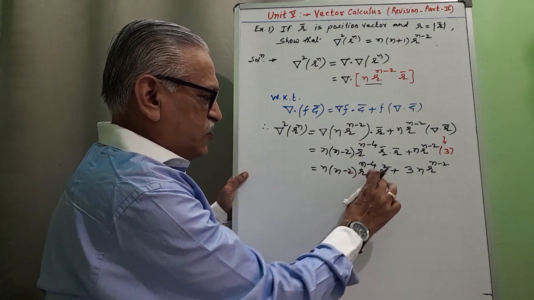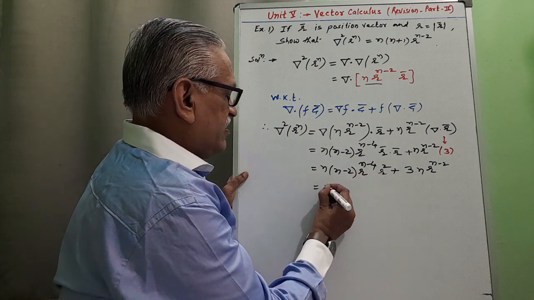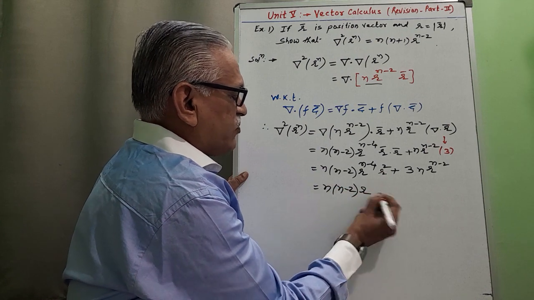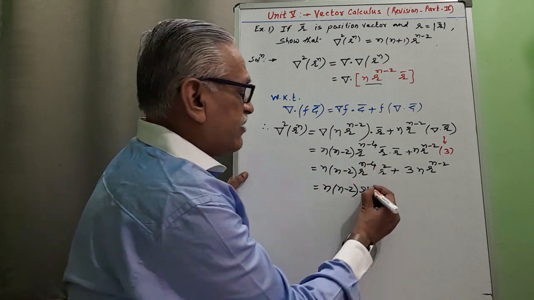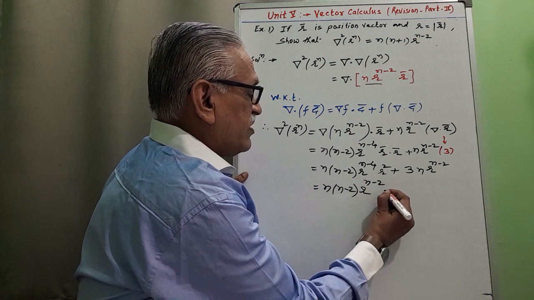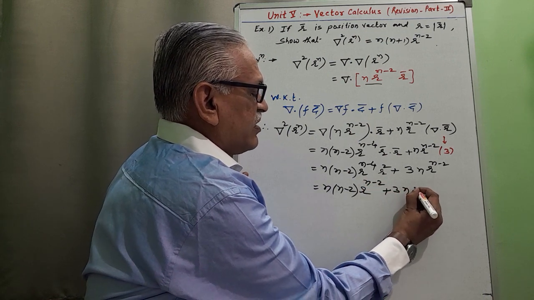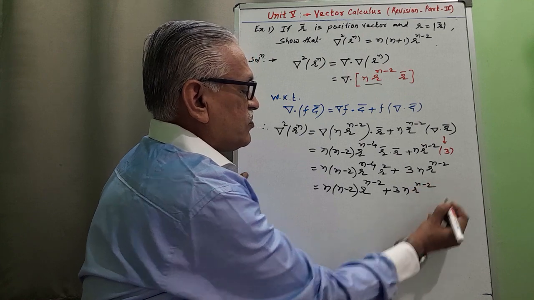Adding the powers of r, we get n into n minus 2 r raised to n minus 4 plus 2, that is n minus 2, and plus 3 times n r raised to n minus 2.